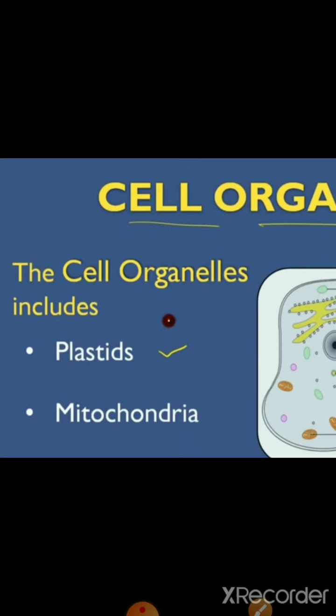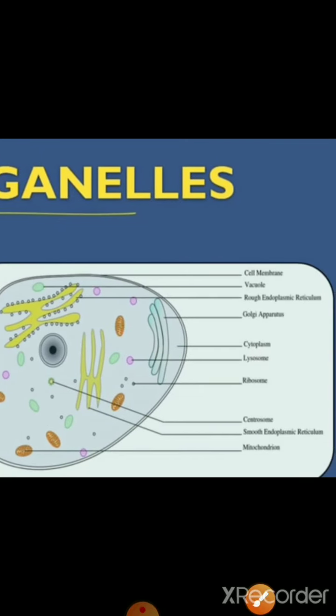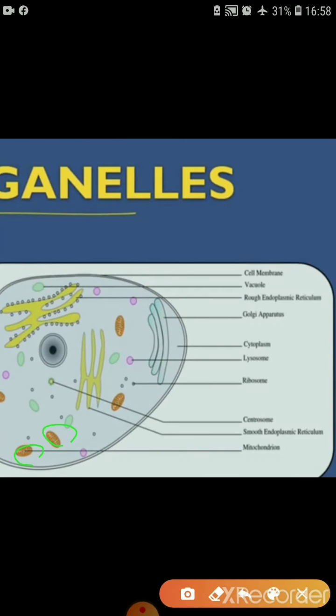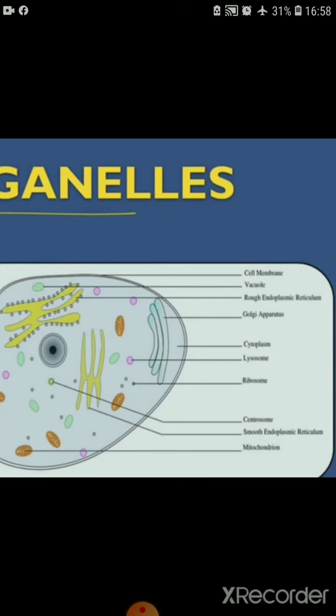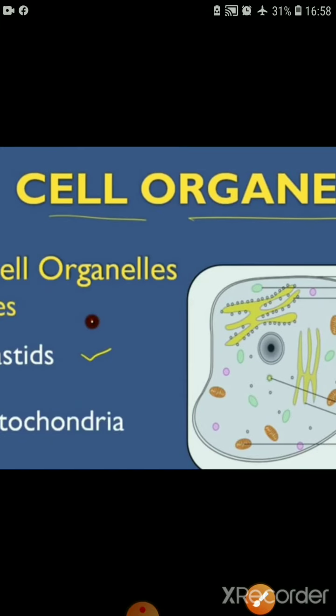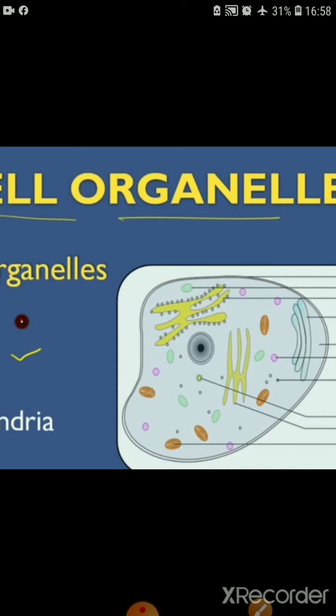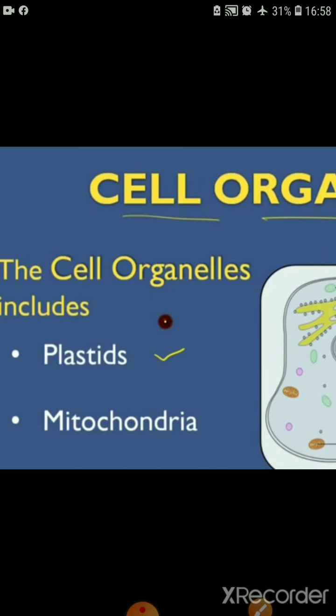As we already talked, this rod type shape you can see here, right? That is called mitochondria. This orange colored, rod like shape is called mitochondria.